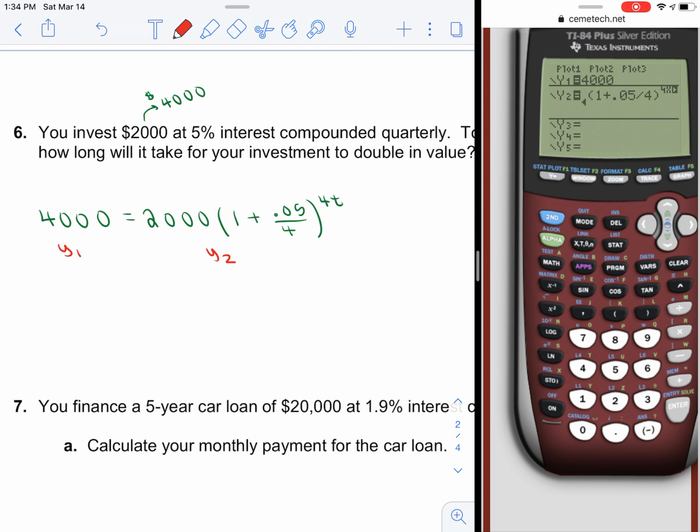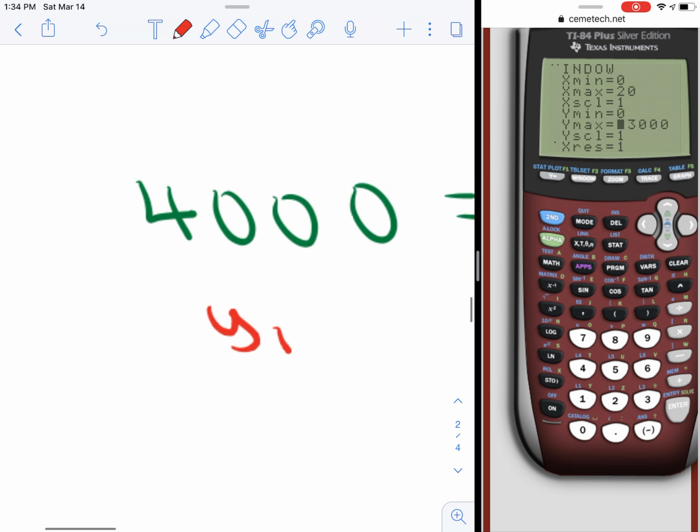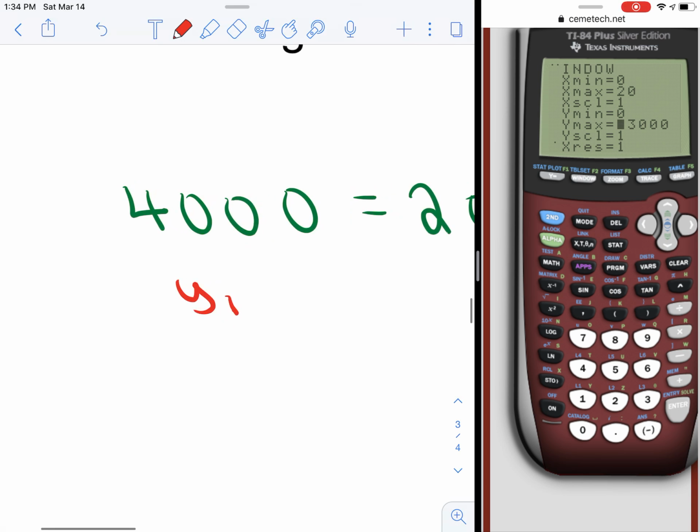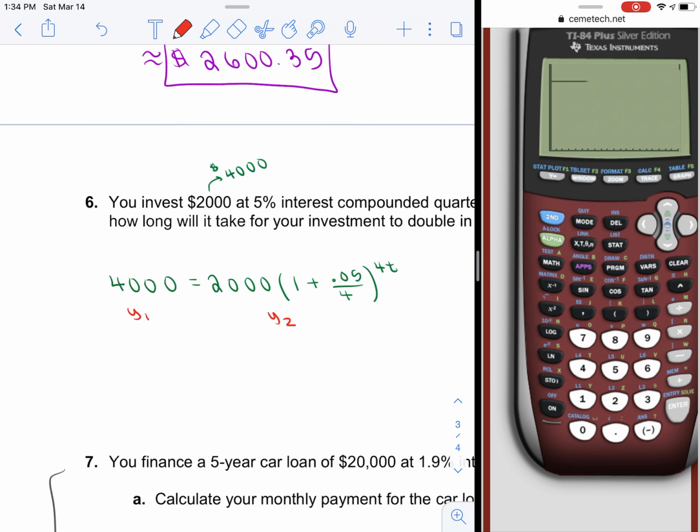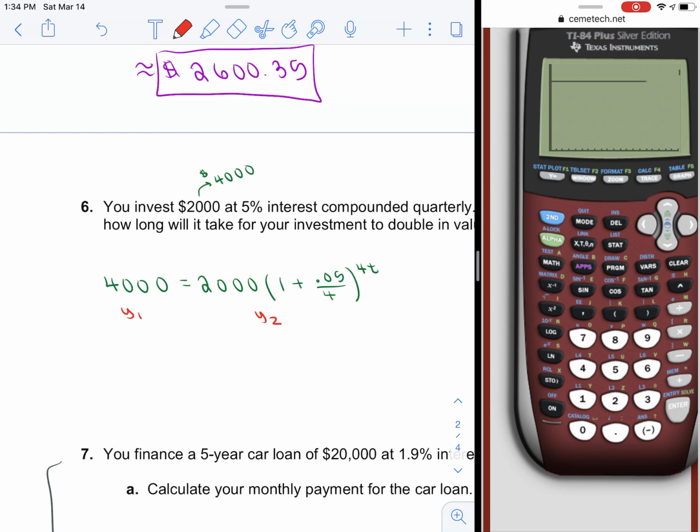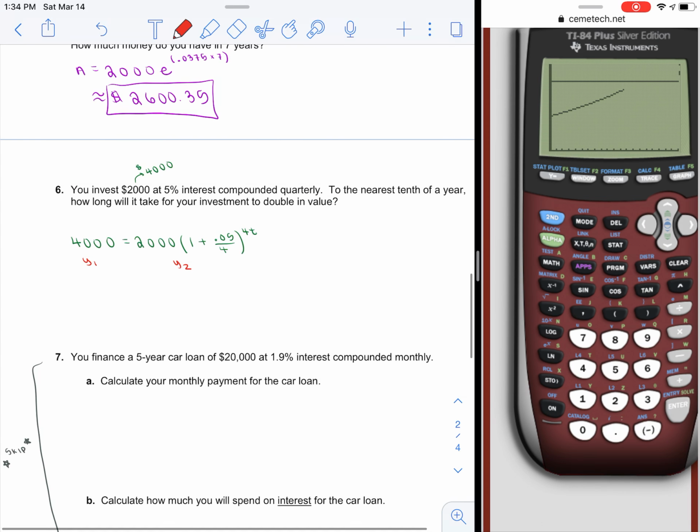Now, before you go to graph, go to your window. We should be fine with our x values, but with our y values, remember we want to see 4,000. So instead of going from 0 to 13,000, I'm just going to go 0 to 5,000 and then go to my graph. And again, if you don't see it, obviously we should see that y value, but if you don't see the intersection happen in this window, we can always change either x or y until we do in fact see that intersection.